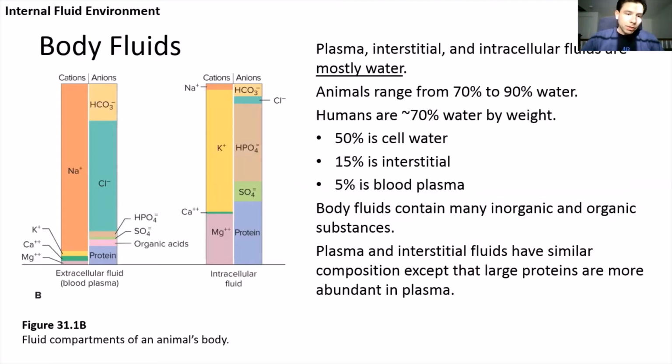For example, sodium is at a very high concentration in the blood plasma, but at a very low concentration in the intracellular fluid. Conversely, potassium is at a very high concentration in the intracellular fluid and a very low concentration in the blood plasma.